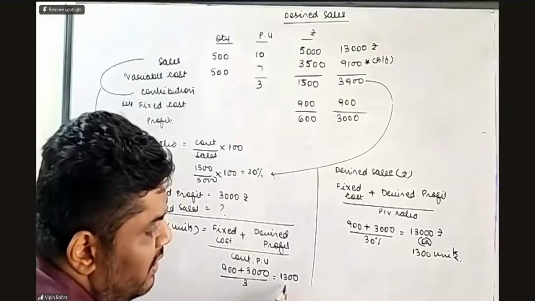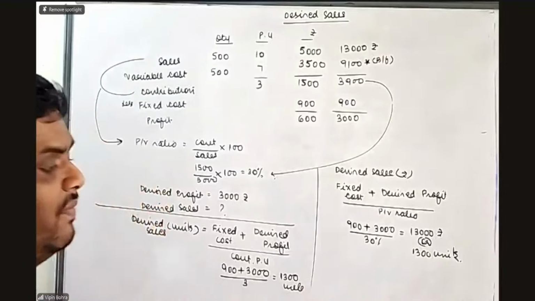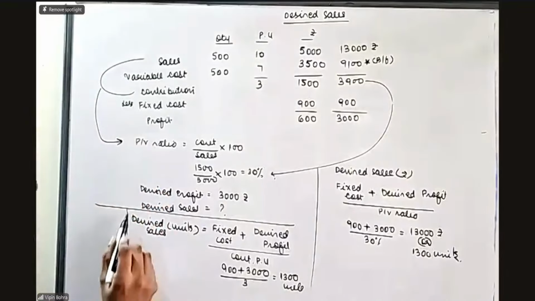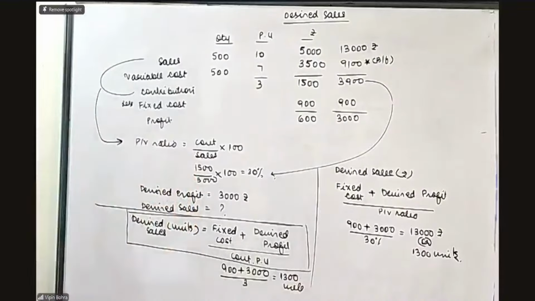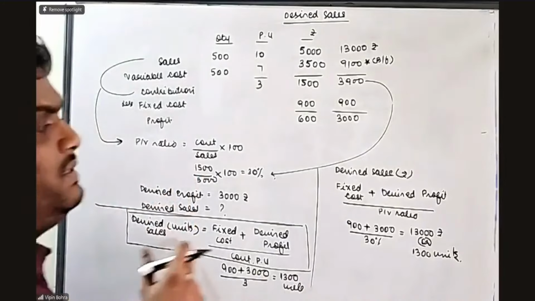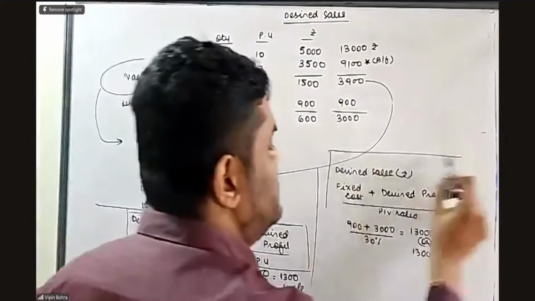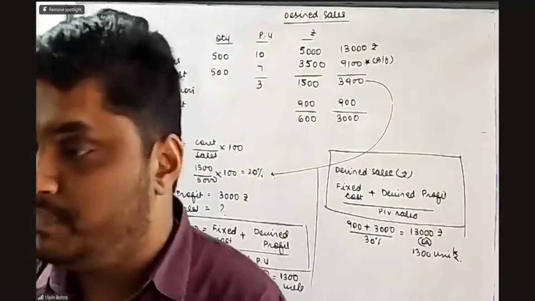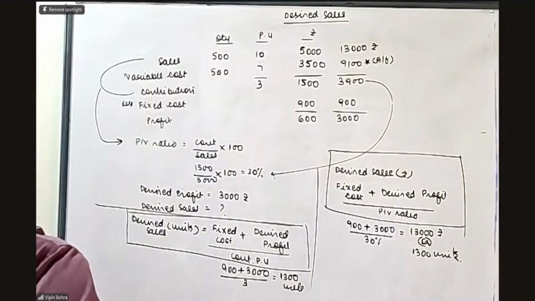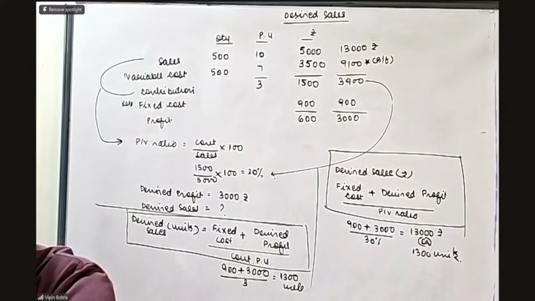So it is 1,300 units. So it is desired sales in units, and this is desired sales in rupees. I request you guys to copy this explanation.